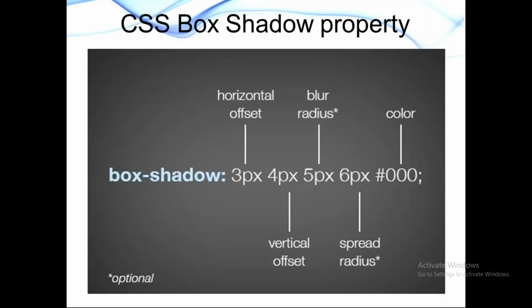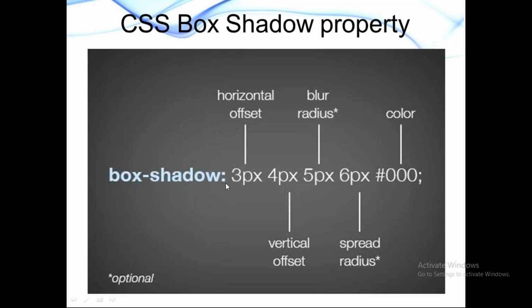Blur means reducing the detail. So when you feel that the color is too thick or gaudy, you can apply a blur radius to reduce the intensity. Then spread radius, that is how much the shadow should be spread. Then the color of the shadow.